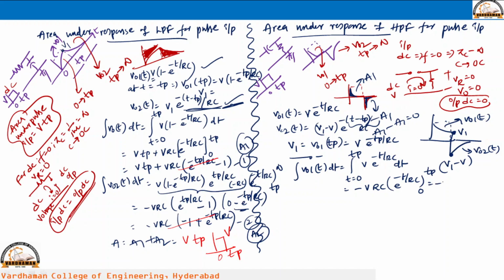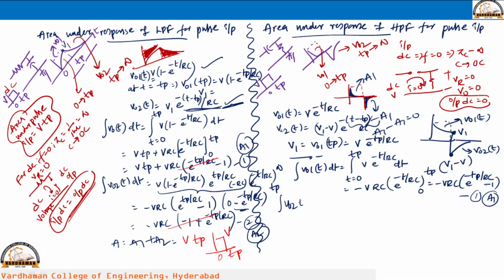So, it is equal to minus V Rc into, if you substitute the upper limit, e power minus Tp by Rc, and if you substitute the lower limit, e power 0 is 1. So, that one I am writing here. This is equation 1, or area 1. Now, perform the integration for curve 2.